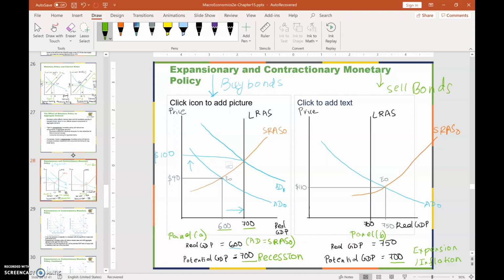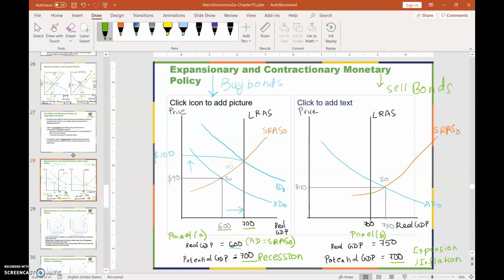When the economy is in a recession, the Fed would want to undertake expansionary monetary policy. The Fed can undertake open market operations and buy bonds from the commercial banks, or use any of the other monetary policy tools.